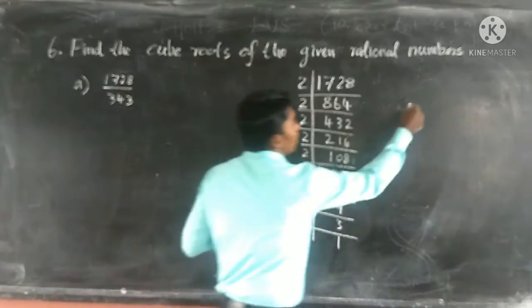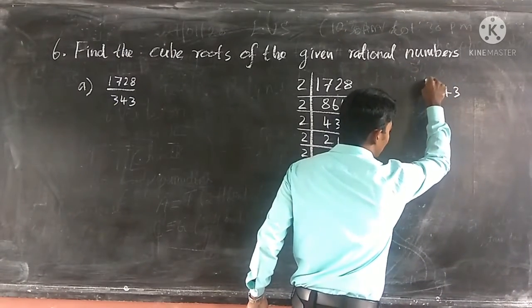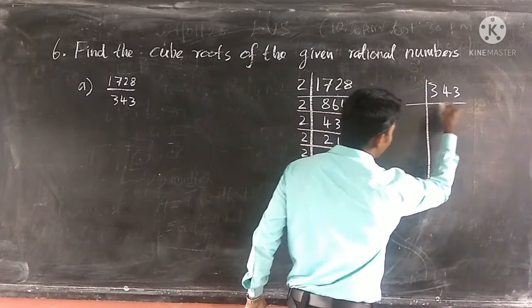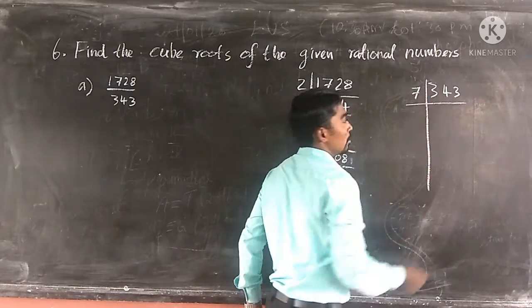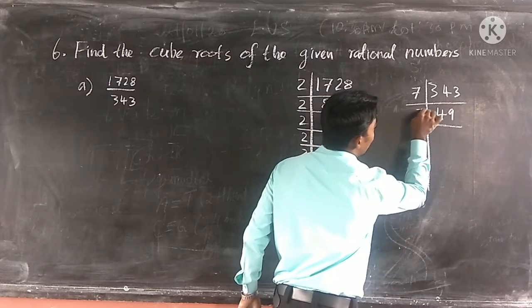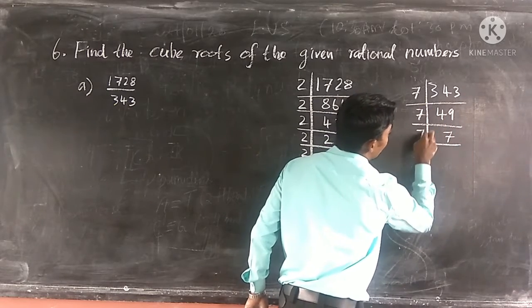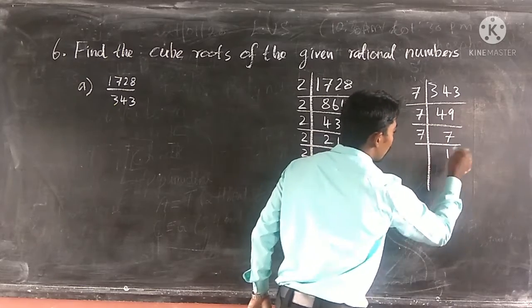Again, we are going to factorize 343. 343 we can divide by 7. We will get 49. 49 we can divide by 7. We will get 7. 7 we can divide by 7. We will get 1.